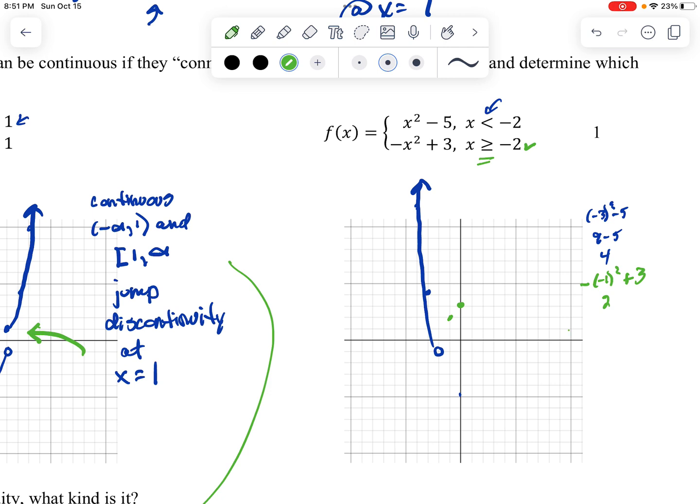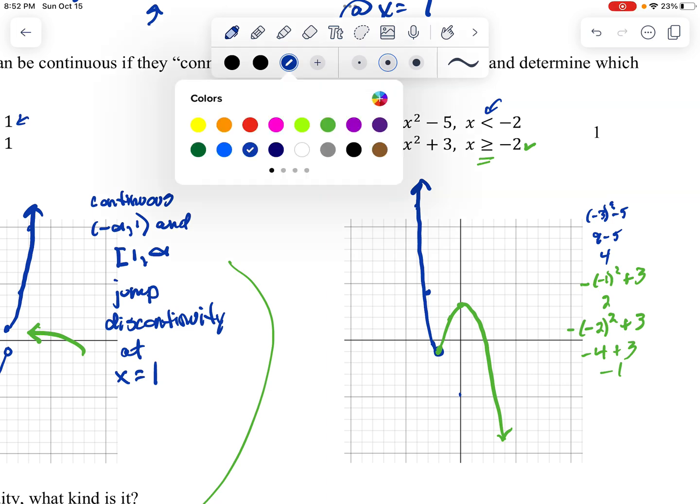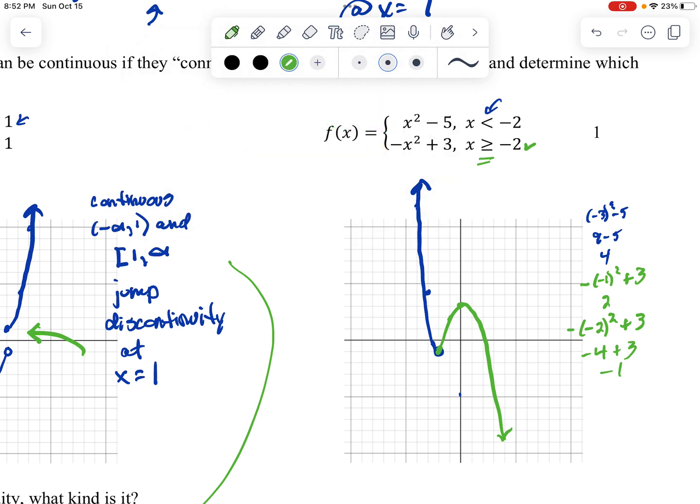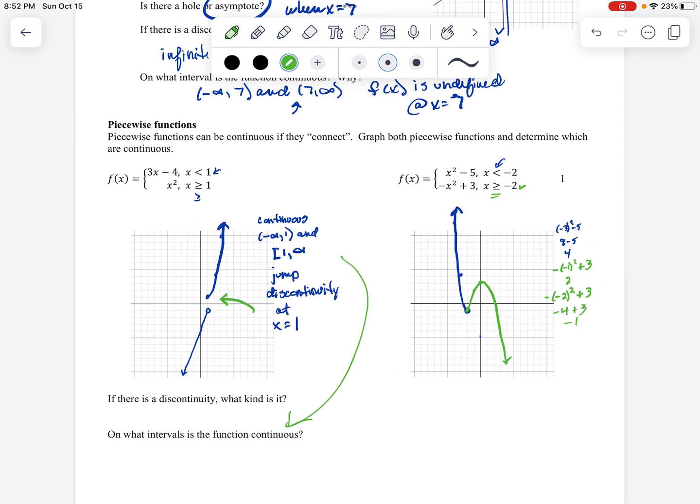And then let's put in negative 2. That's going to be negative 4 plus 3, or negative 1. So at negative 2, it's negative 1. And my function is going to go something like this. And notice in this case, even though we have a piecewise function, this is continuous.